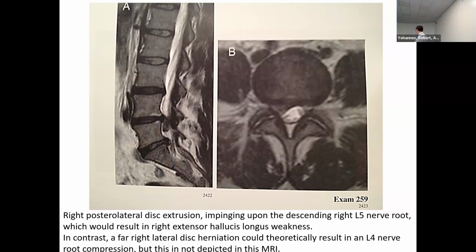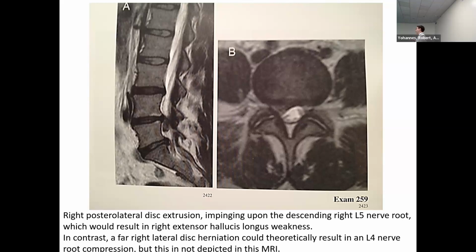Because what I just told you earlier, it depends if the disc is impinging on the medial aspect or far lateral. Now, because it's impinging here, it's the usual type of disc, which is the posterior medial type.